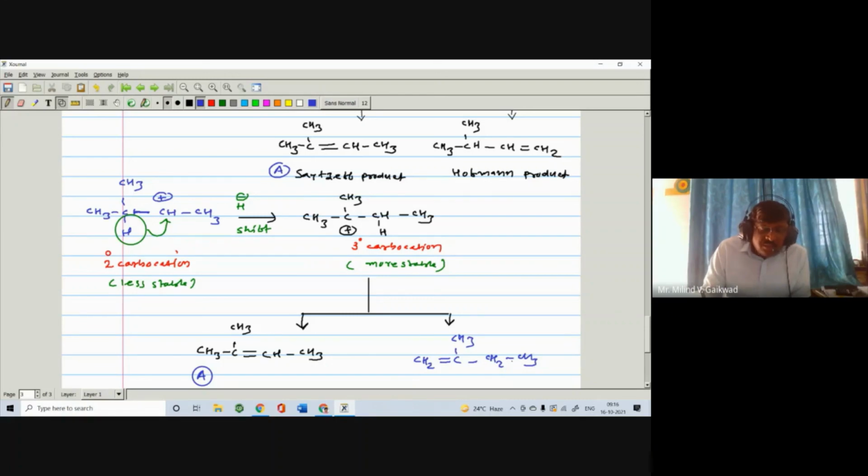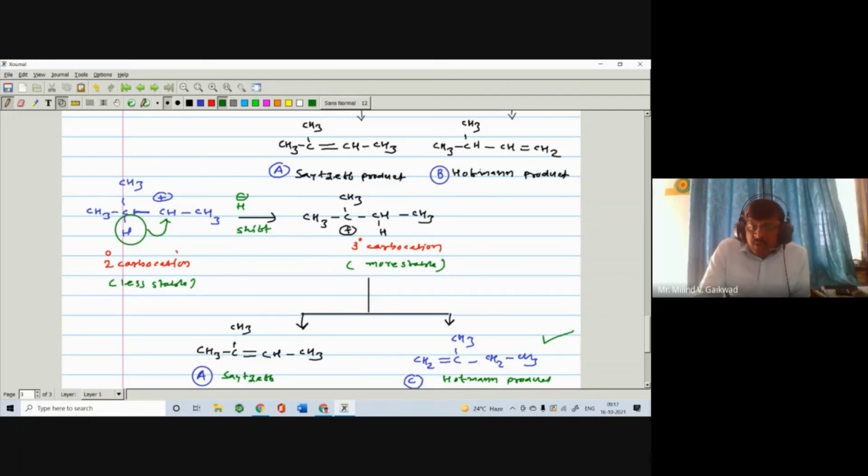So here I can say compound A, here you can label compound B, that is the Hofmann product, and here compound C, also a Hofmann product. Here you get the Saytzeff product, and here the Hofmann product.